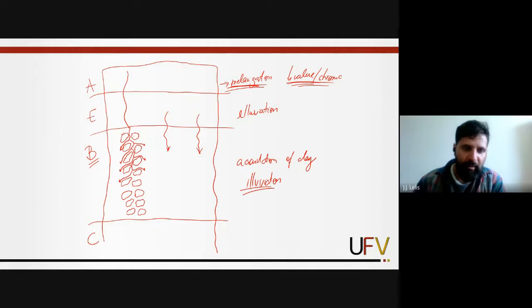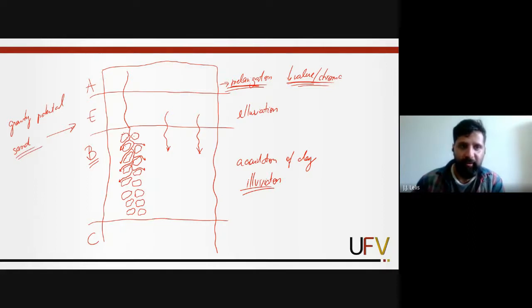And the velocity of water is high in the surface horizon and the E horizon because we have the gravity potential and because we have a lot of sand here.